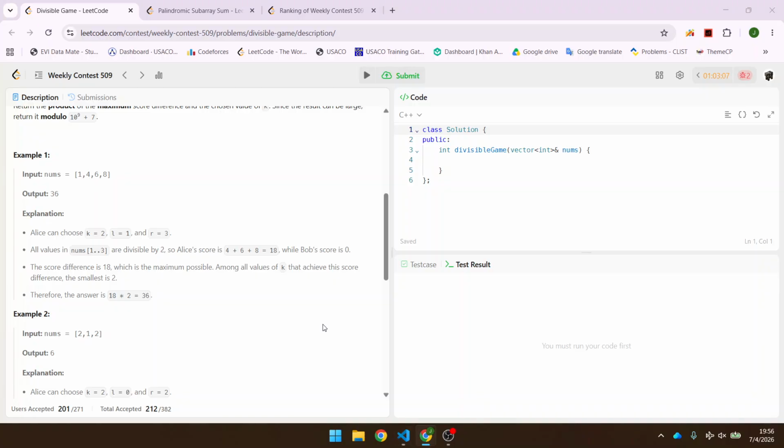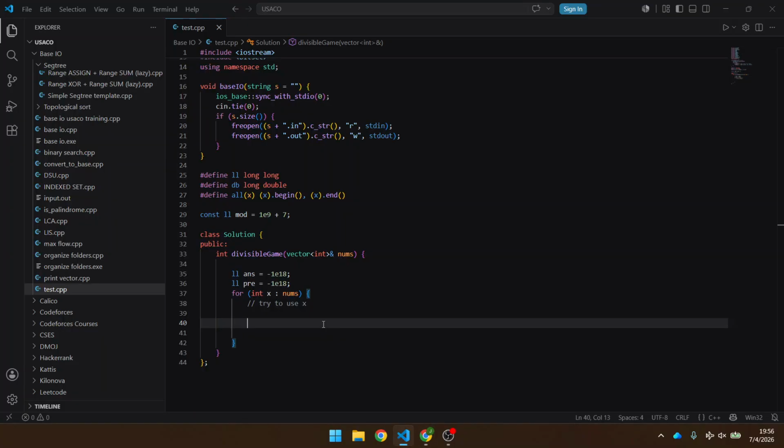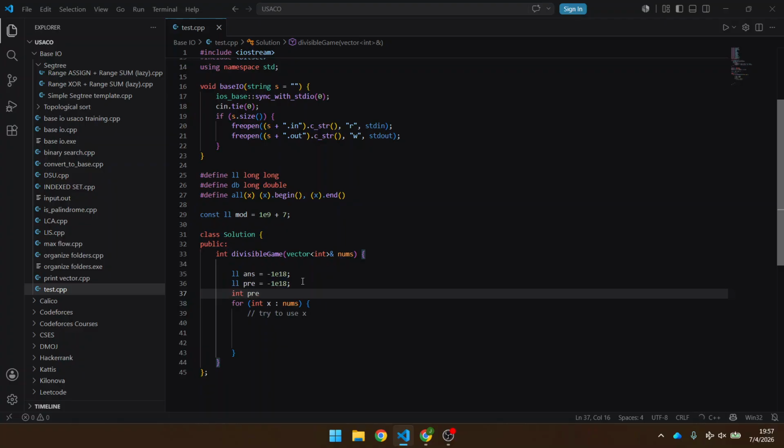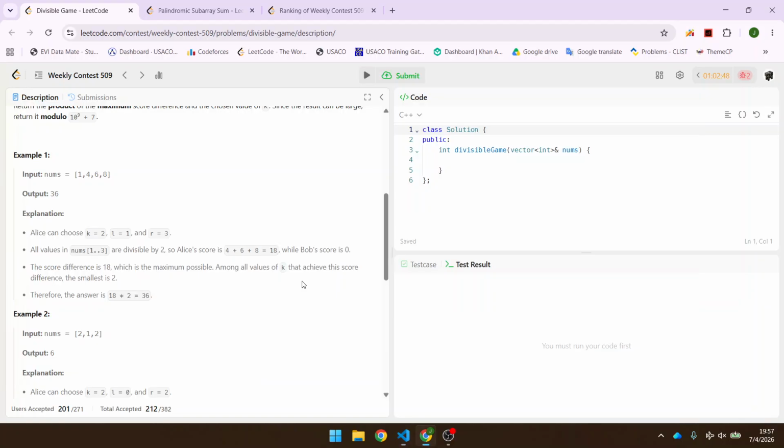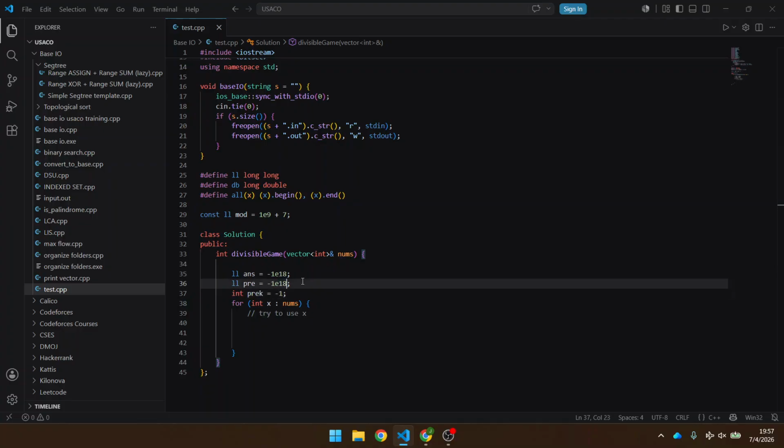So, for all the factors in it, you get a new answer based on the previous values. Okay, with 1.